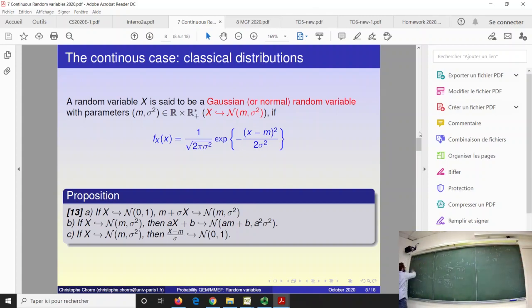Keep in mind that if you know the definition of a Gaussian distribution of parameters m and sigma square, it means that you are able to integrate a lot of mappings, because you know that the integral of the Gaussian density is 1. So from the definition of N(m, sigma square), if I ask you to compute this integral, you know the value.